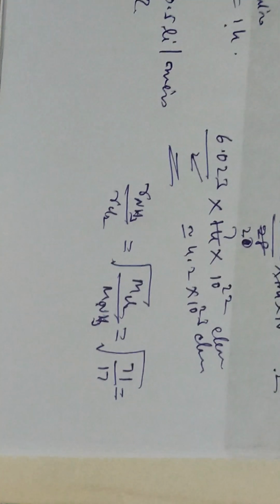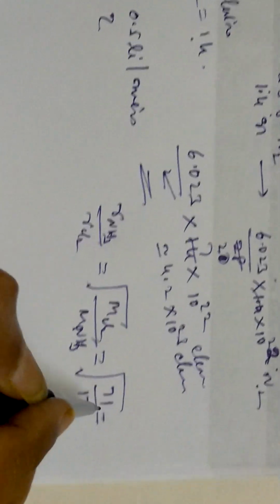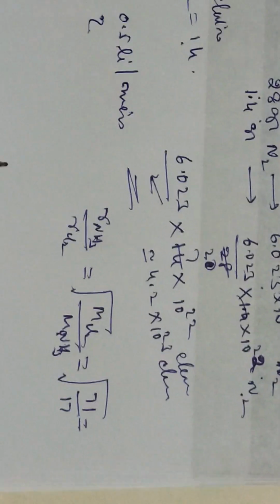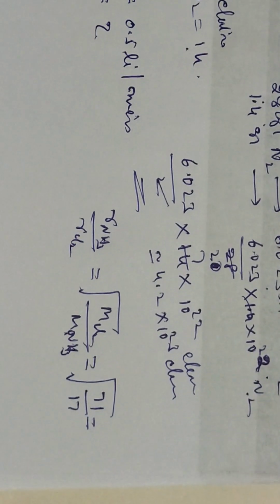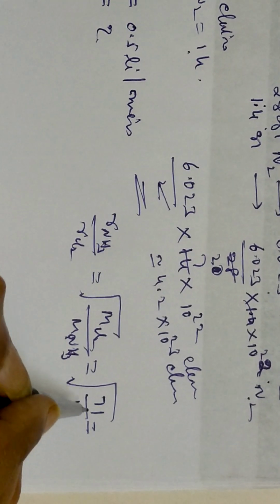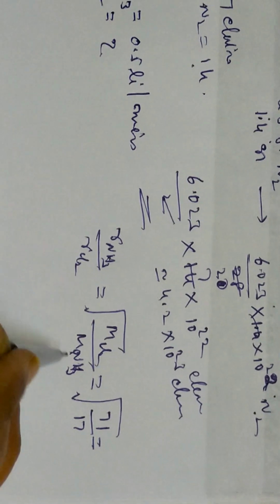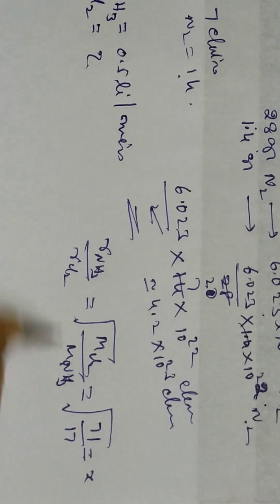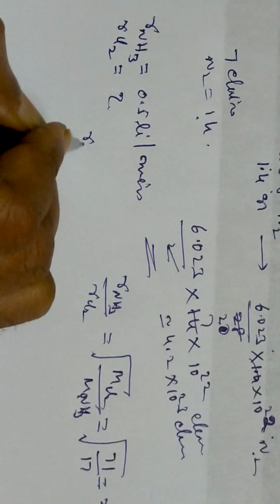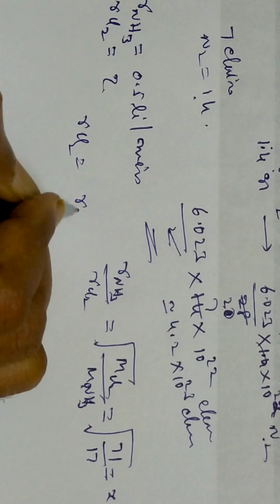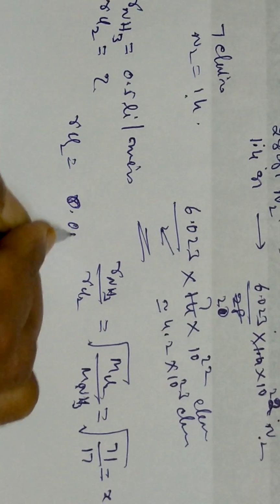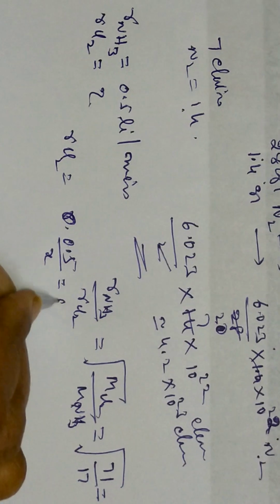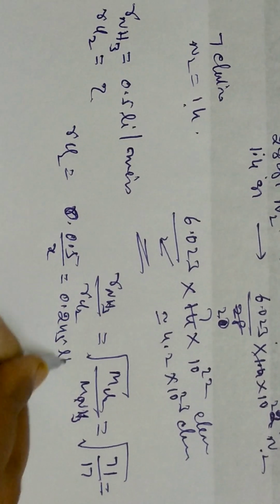That is 71 by 17, roughly 4, and the root of that comes to the value X. So R ammonia by R chlorine equals X, and R chlorine equals R ammonia, 0.5 liter, divided by X. I calculated that as 0.25245 liter per minute.